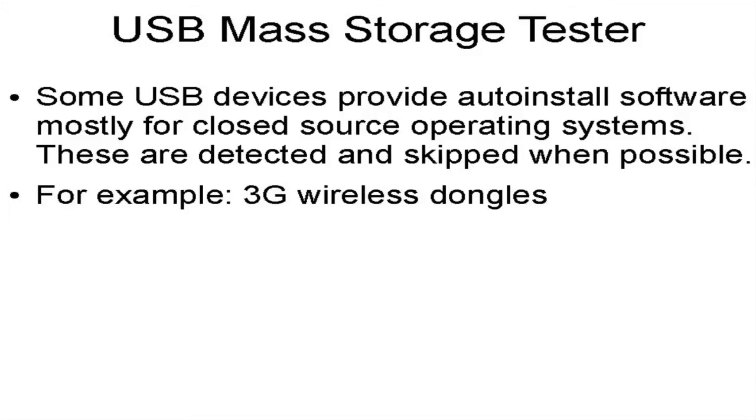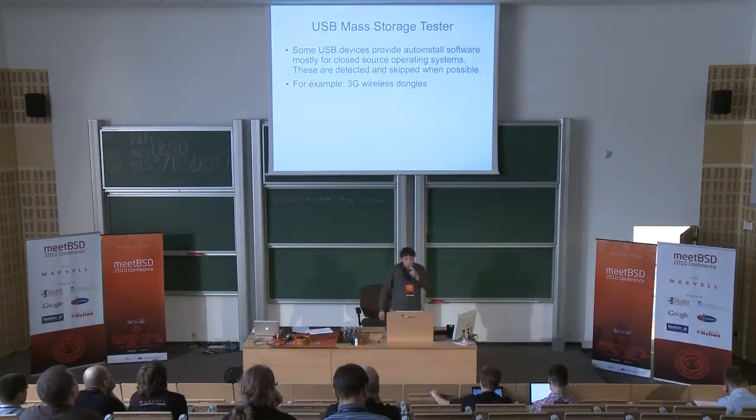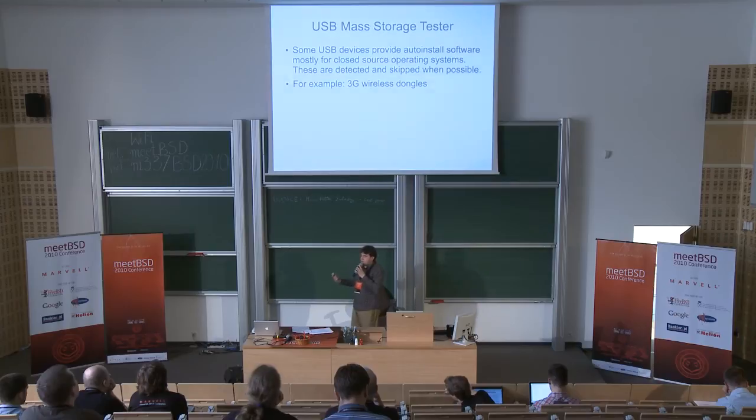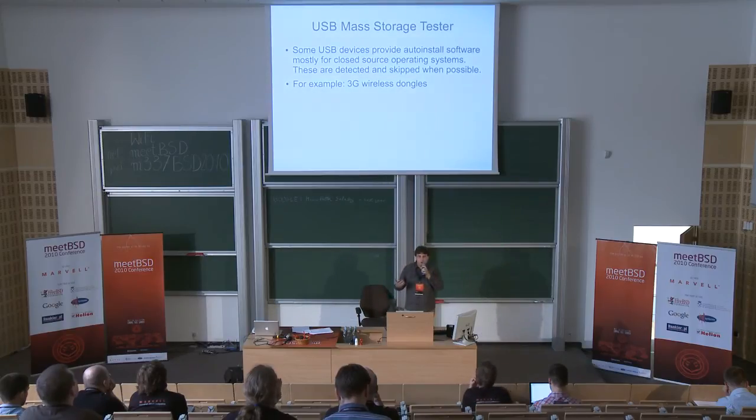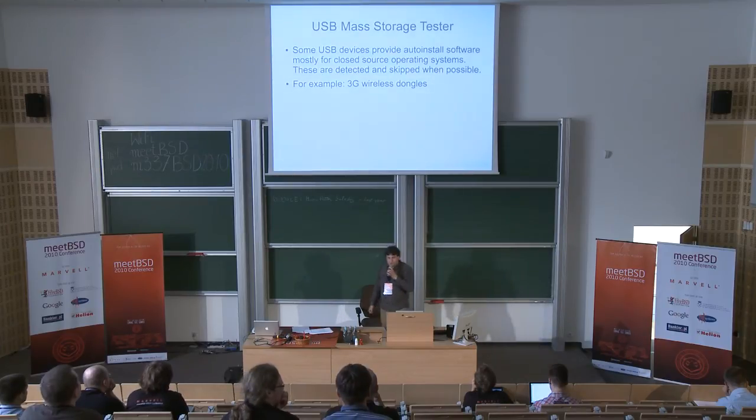Also, a new feature in the USB stack is what I've called a USB mass storage tester. Nowadays, many manufacturers of gadgets have an auto-install disk, which is designed for a system I won't mention here, but it obviously does not work on FreeBSD.